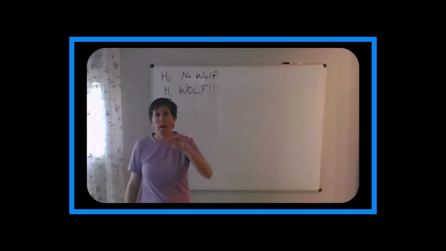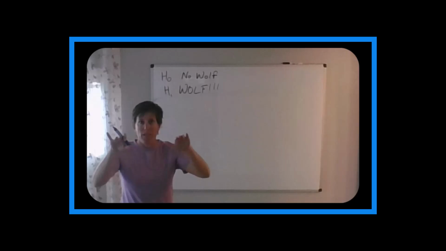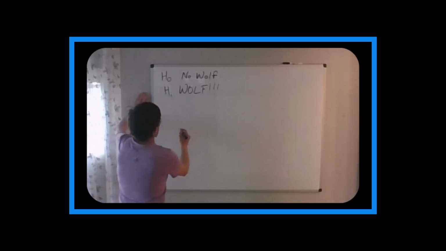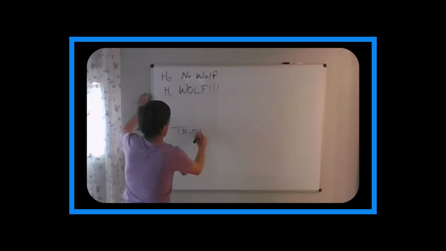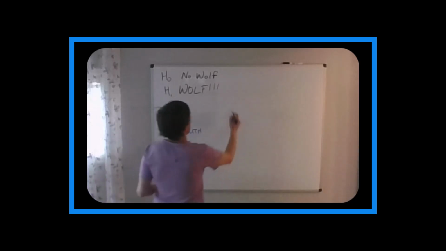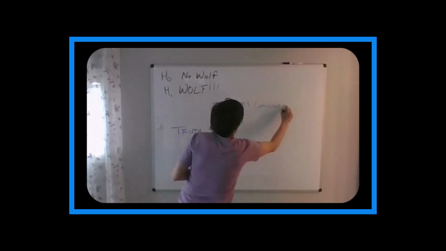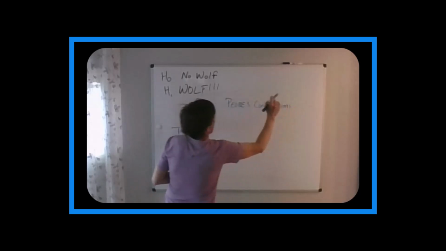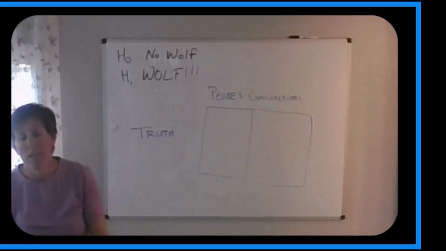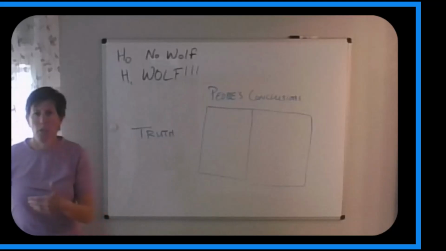We're going to look at a 2x2 chart on the testing of our hypothesis of the wolf. On the y-axis, we're going to look at the truth. Over here on our x-axis, the people's conclusions. People's conclusions would essentially be the research results.